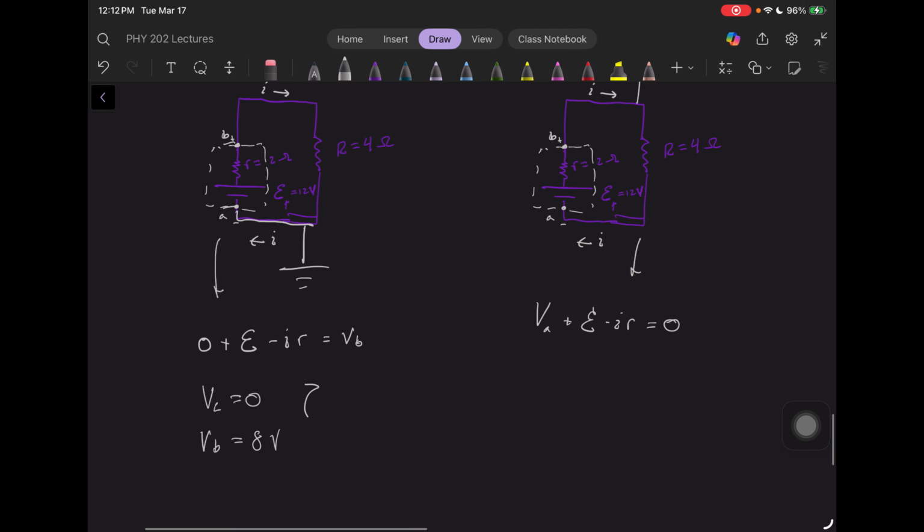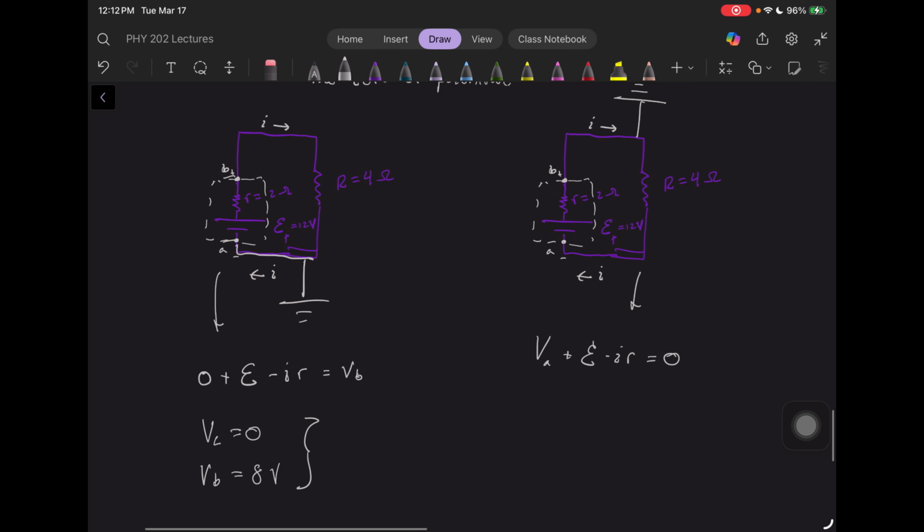Over here, VB was 0, so VA has to be negative 8 volts. We're going in the positive direction and we get to 0.